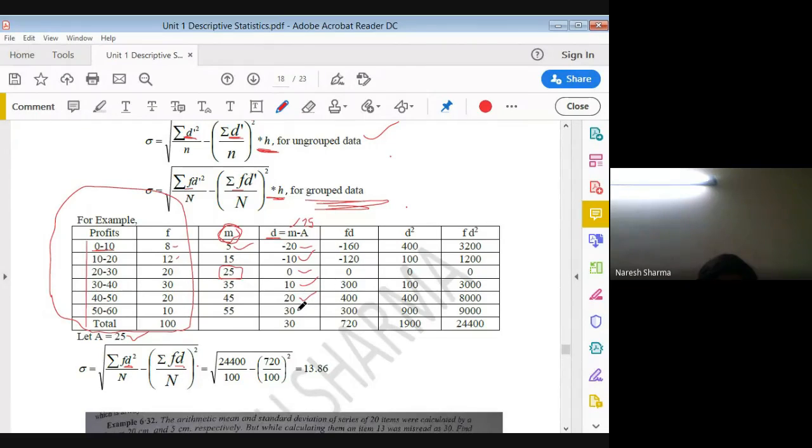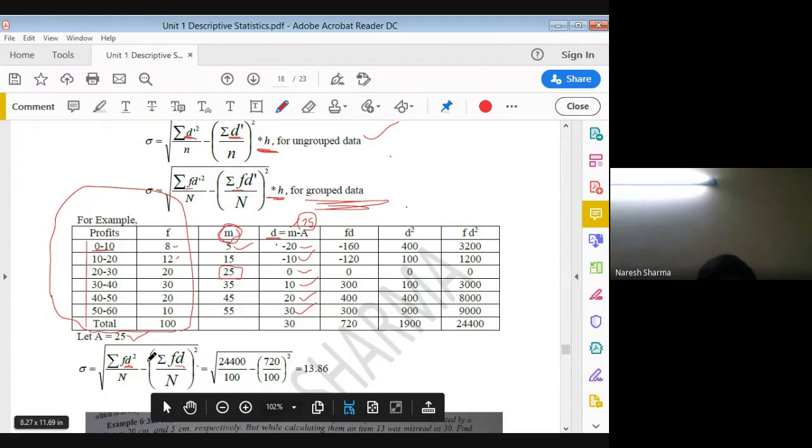Similarly, 55 minus 25 is 30, right? And if you require, you can add these, right? So if you add, you see here 20 is negative and positive, 10 is negative and positive, they cancel each other, we are left with 30 only.